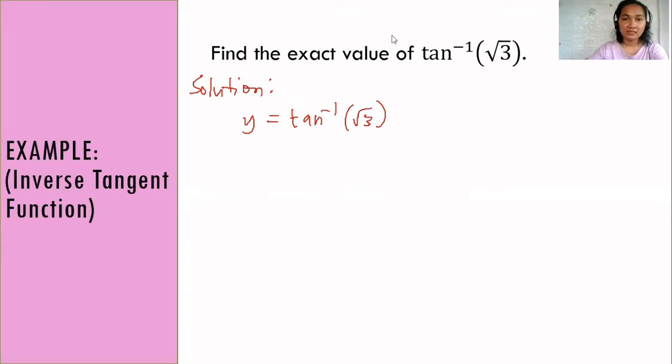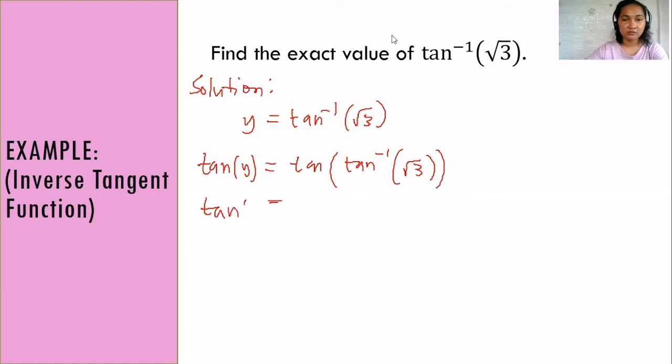Now, if we take the tangent of both sides of this equation, we'll have tangent of y equal to the tangent of the inverse tangent of square root of 3, which will be tangent of y equals square root of 3, since we can cancel out the tangent and the inverse tangent operating on square root of 3.